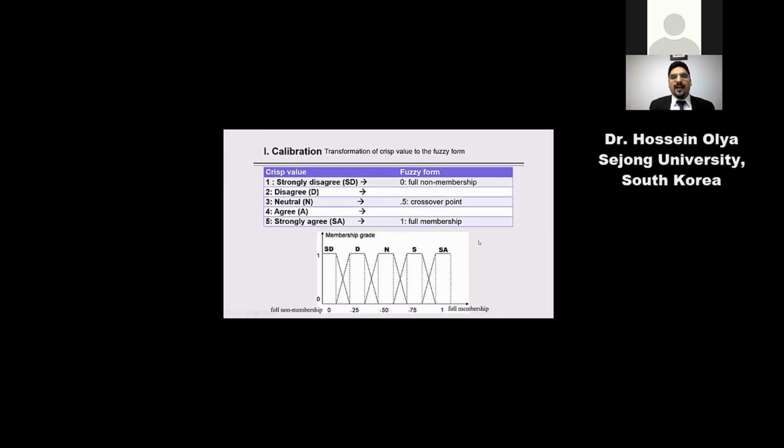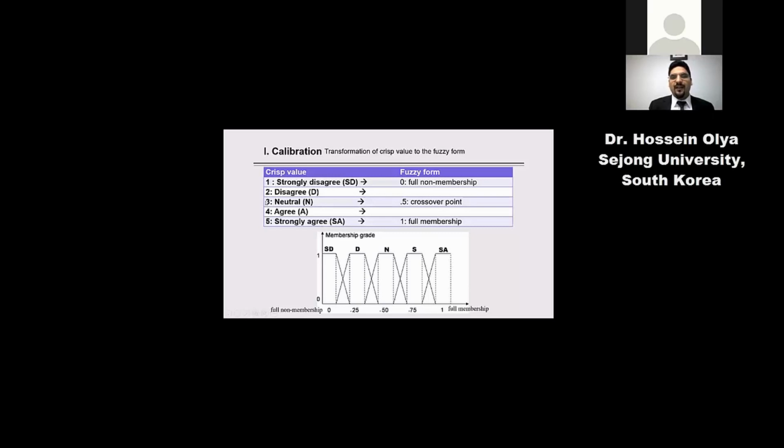Actually, calibration is a transformation of the crisp value to fuzzy form. You know, we are collecting crisp values like 1, 2, 3, 4, 5, where 1 is strongly disagree, 2 disagree, 3 neutral, 4 agree, and 5 is strongly agree. These are crisp values.